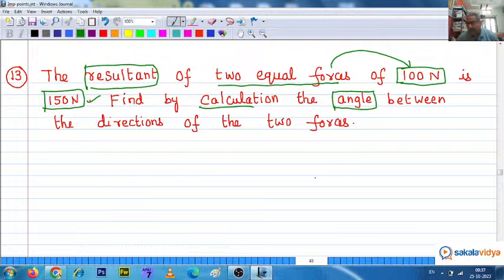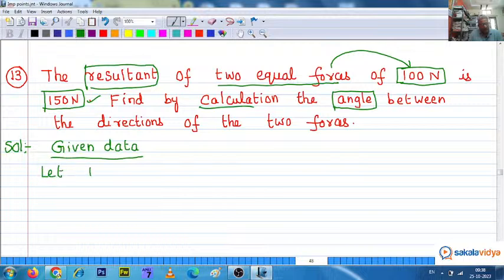You try yourself. That means let us say P is equal to 100 newtons. Because they are two equal forces, Q is also 100 newtons. Their resultant is 150 newtons. Then let theta be the angle between them. Theta needs to be evaluated in this problem. Solution, given data: let P be the first force, that is 100 newtons.